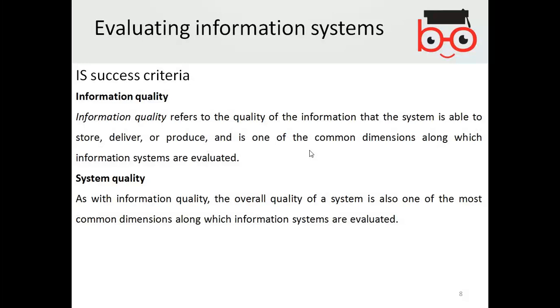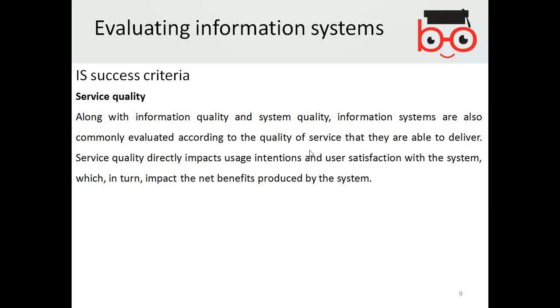So if you want to have information quality, your information should be evaluated for how it is stored, delivered, and produced, and for the system, you should have some dimensions to evaluate the system quality, whether the system is of adequate quality or not.